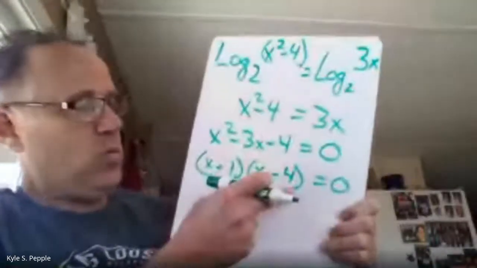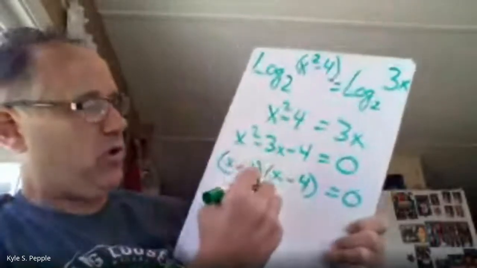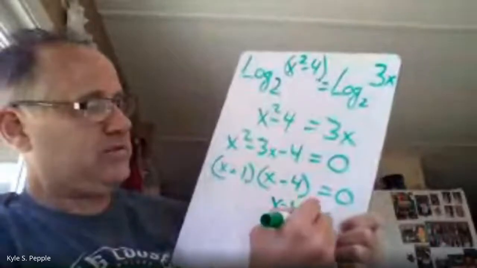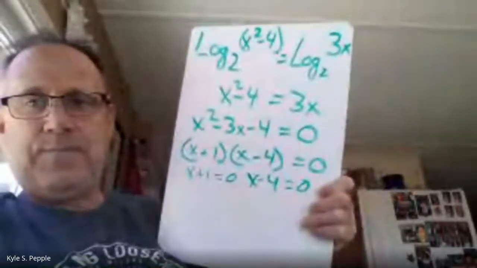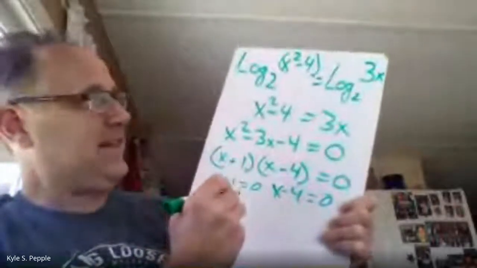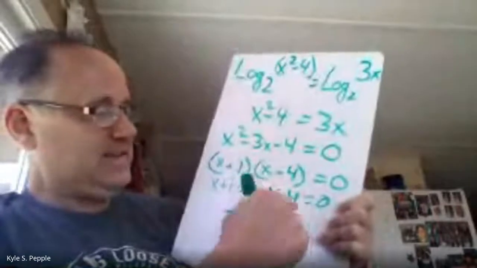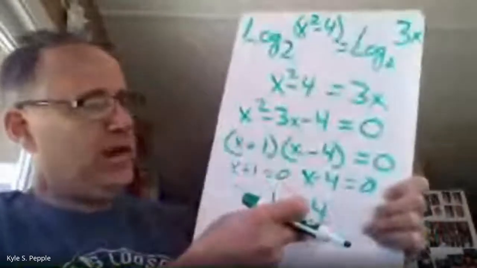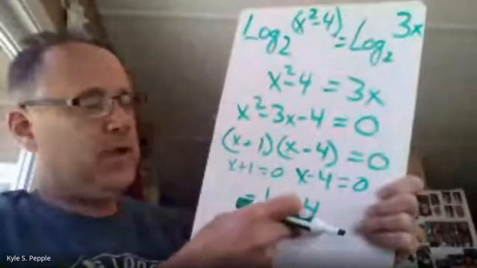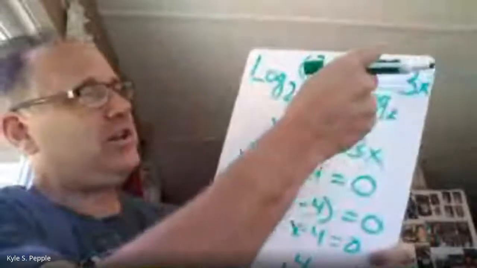So once we solve, x minus 4 equals 0, x plus 1 equals 0. So x equals negative 1 and x equals 4.